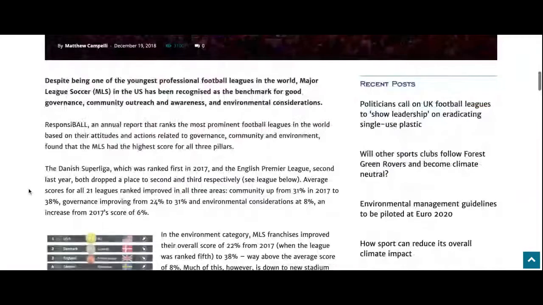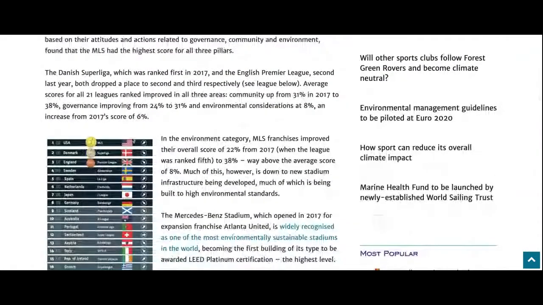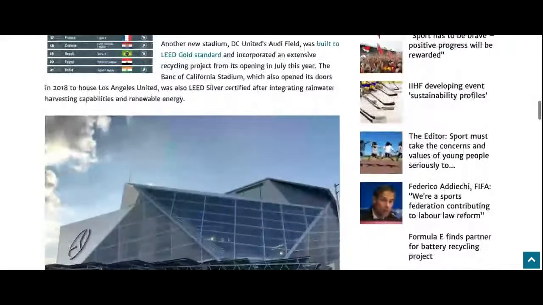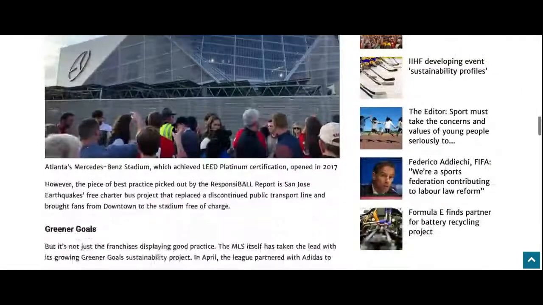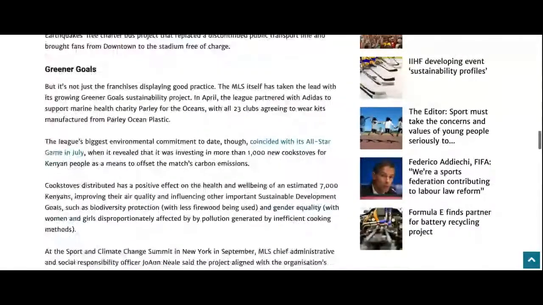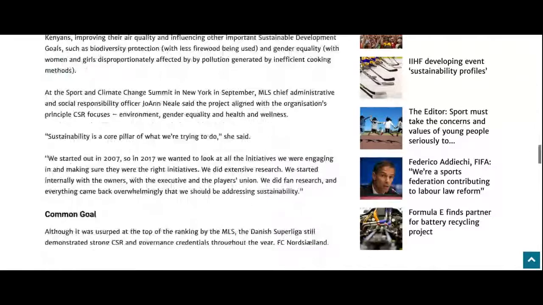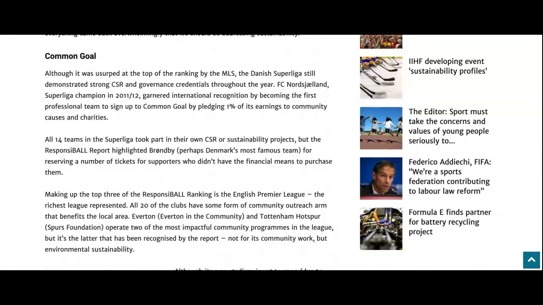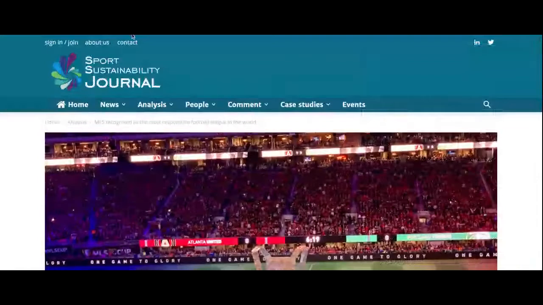So I could read through this and understand why it was given the most environmentally friendly league award. Here it talks about how their stadiums are sustainable and what kind of greener goals the league has. What are they doing? Are they planting trees? Are they building houses? X, Y, and Z, right? So I think this is a great one that helps me get an idea of what's going on so far with my industry, and what kind of issues are going on as well.